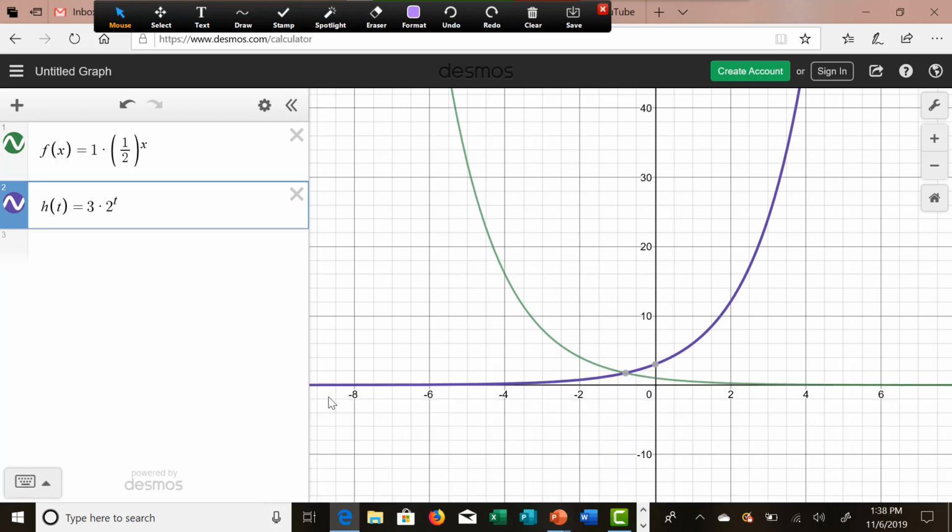Notice that if you look at the growth one, it still has that horizontal asymptote at y equals 0, but instead of going down, it's going up. So they're very similar graphs, but one is decaying because it's going down like our paper, and one is growing because it's going up like our alpacas.